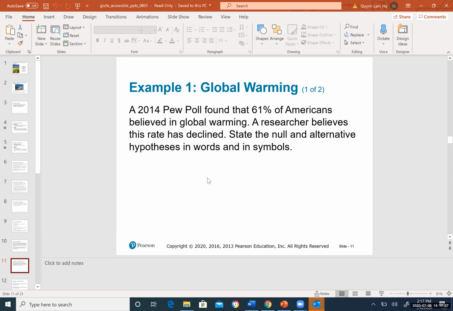The reason is I do not want you to get confused with percent. For the alternate hypothesis, the keywords are here: you can see the words has declined. It means the less than notation. So you will write HA less than 0.61, okay?